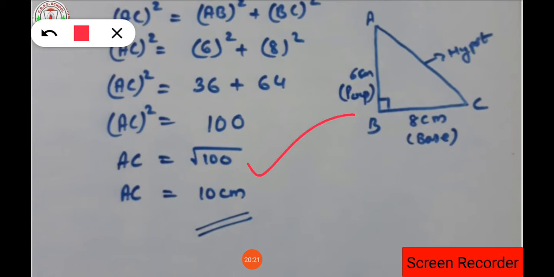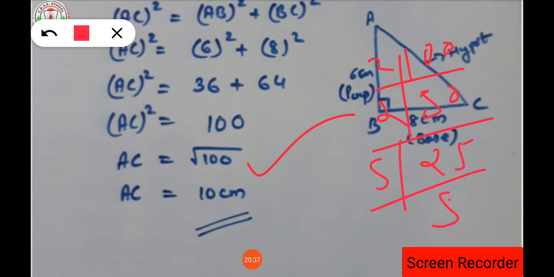It can be found by two methods. First is the long division method, or the prime factorization method. If we are finding with the prime factorization, we can see 2, so it becomes 50, again 2, so it becomes 25, 5, so here 5. So what are the pairs inside the root? 2 into 2 into 5 into 5.